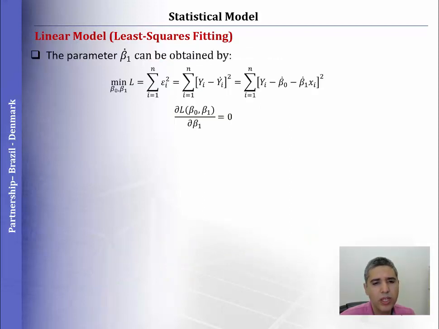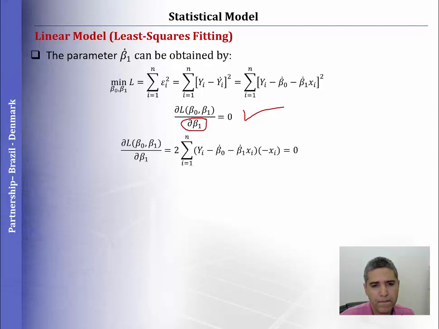Okay, so now we need to compute the derivative of the function with respect to beta 1 and make it equal to 0. We have 2 multiplied by this function, and the derivative of this function with respect to beta 1 is minus xi.